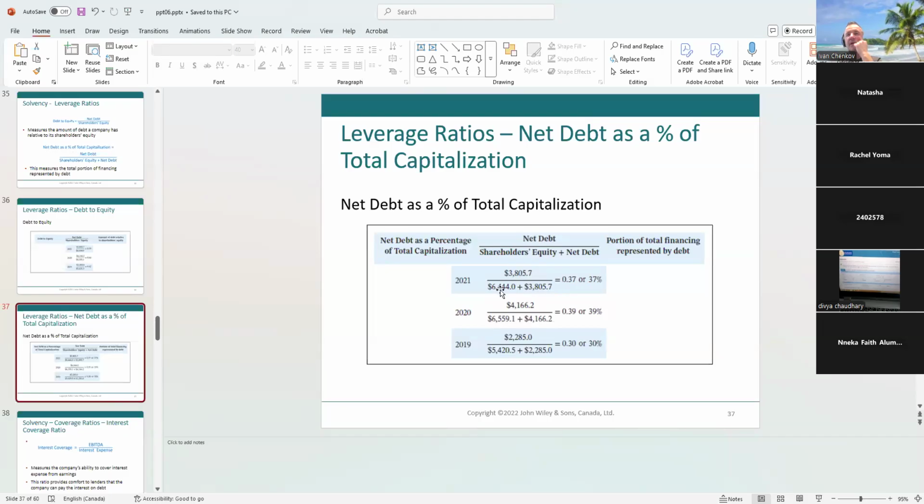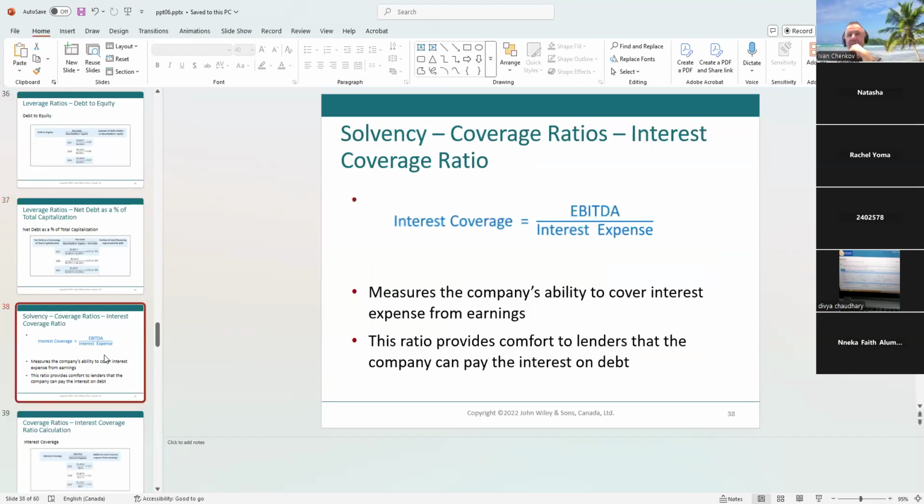So debt divided by equity plus debt, and see what's the percentage of that debt compared to the total capital of the company. And the last thing that you have to compare is the interest coverage ratio. Again, how many times you can pay your interest expenses from the borrowing, because that's what you're paying for.